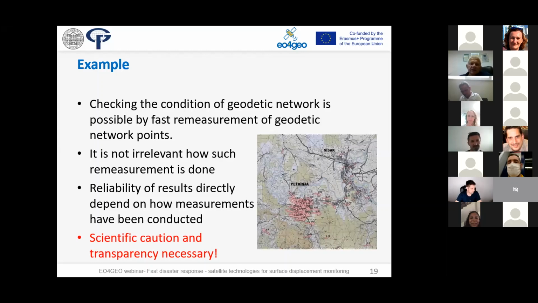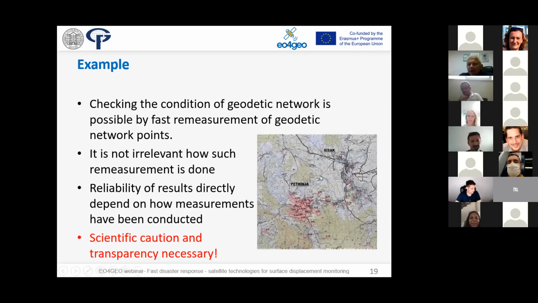So basically, this was just a first result to give us an indication of what has happened in the region. And after this, a project has been launched to resurvey properly all the points in the region and to correct their coordinates.